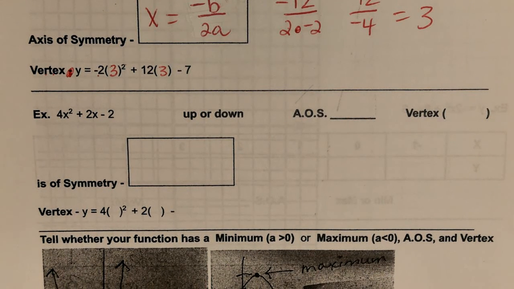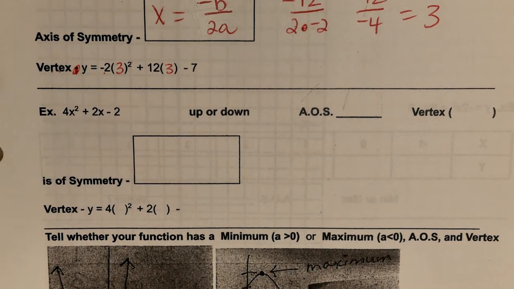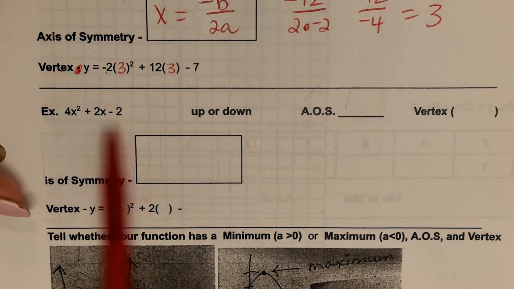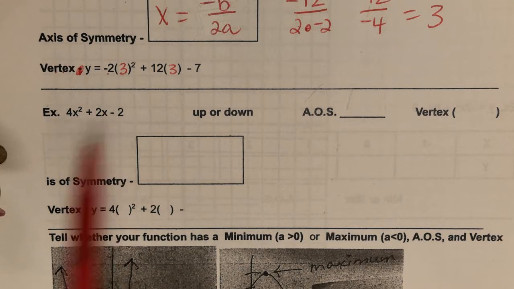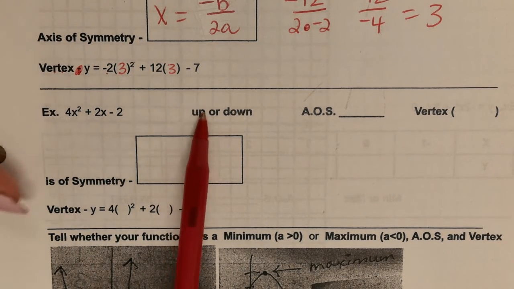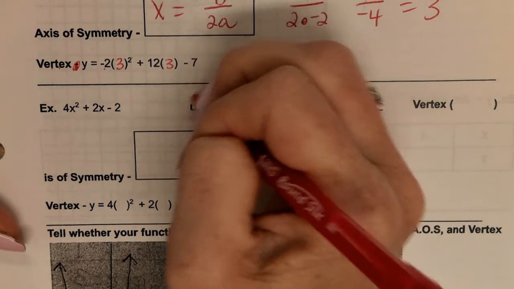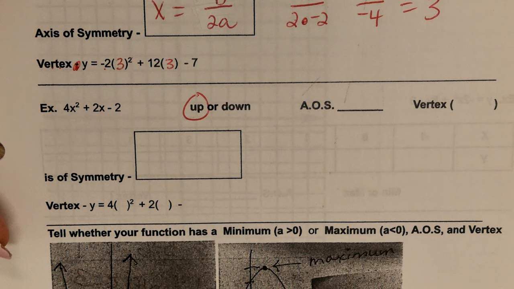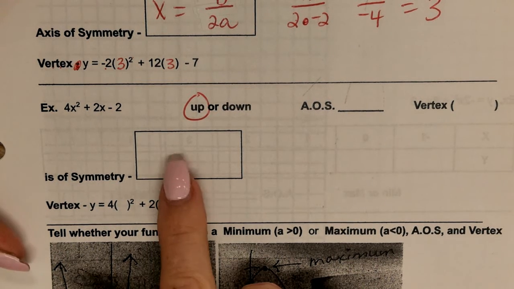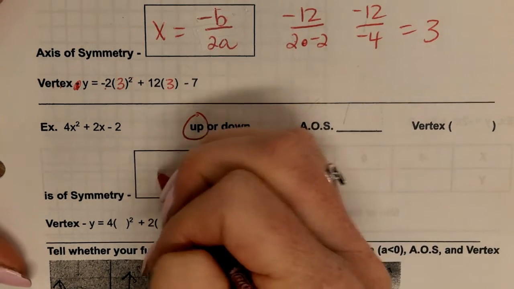Okay, I'm going to have you do as much of this one as you can on your own. So, given this quadratic, don't say it out loud. Circle, would it open up or down? You should have circled up. To find the axis of symmetry, write the formula right here that we wrote up above.